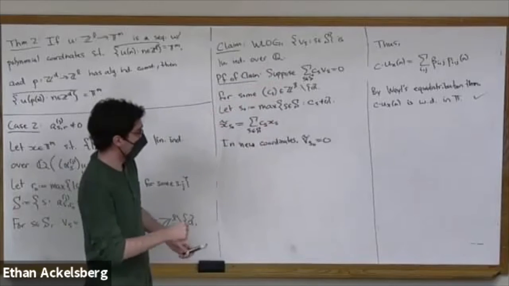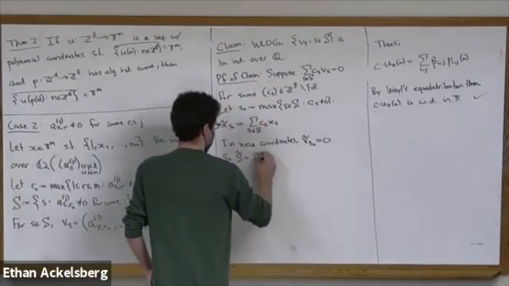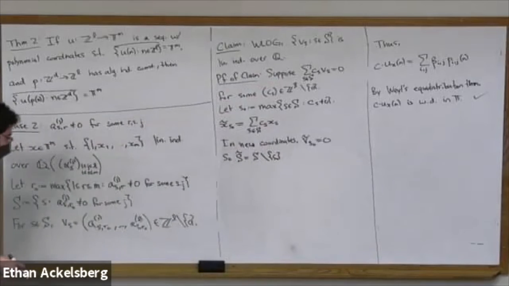And so we've actually removed, so our set S, our new thing that's playing this role is the same set, but we've removed F is 0. So we've decreased the size of the set and gotten rid of the dependence relation.